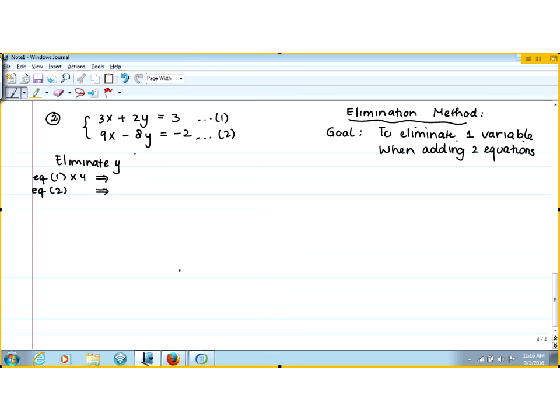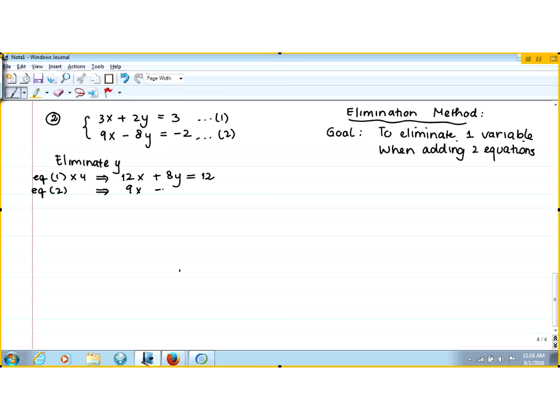Okay, so the least common multiple is 8, right? So 12x plus, multiply by 4, what do we have? 8y is equal to, multiply 3 by 4, 12. So every term is multiplied by 4.